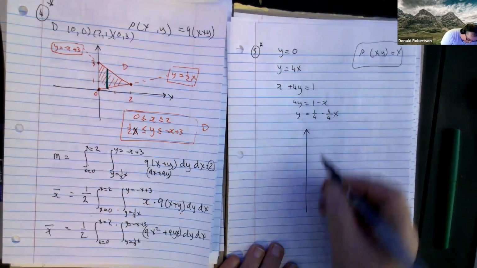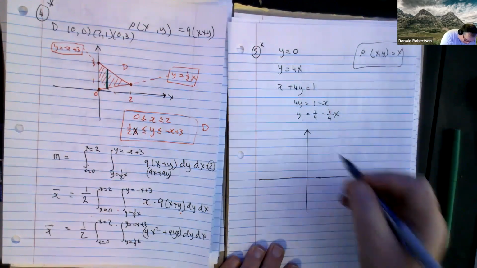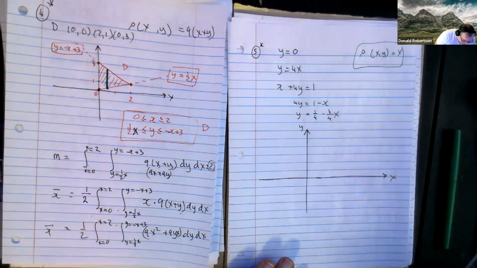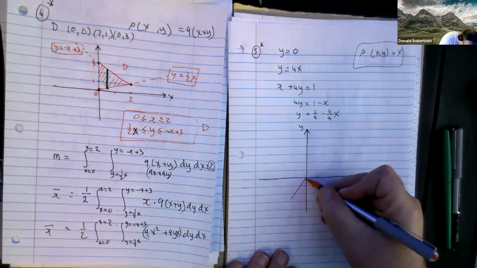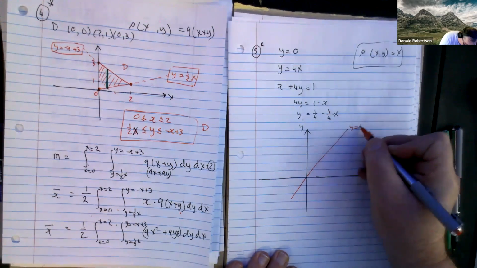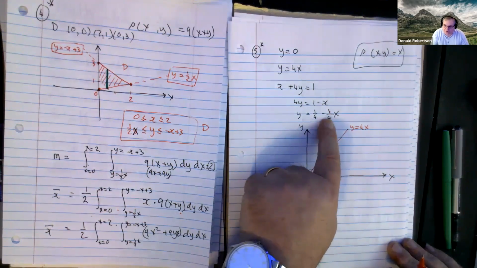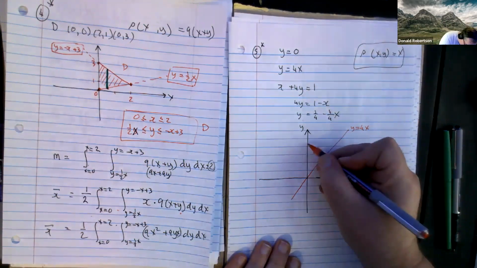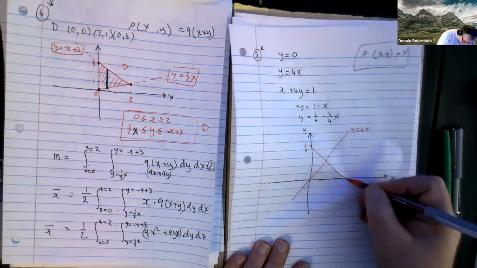I would probably actually do it in Desmos, but I'm going to do it here on paper. And y equals 4x is basically a straight line. And y equals 1/4, take away that guy. Can you imagine this is a quarter? I can make my scale anything I like, and it goes down that way.